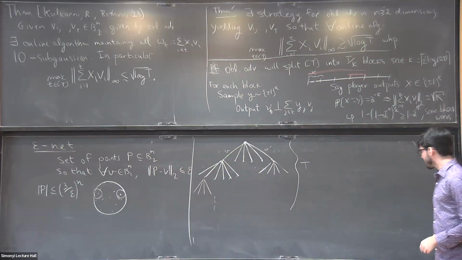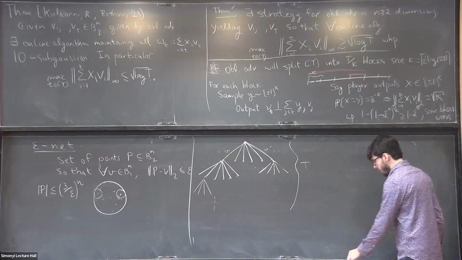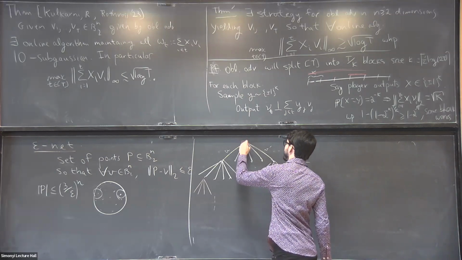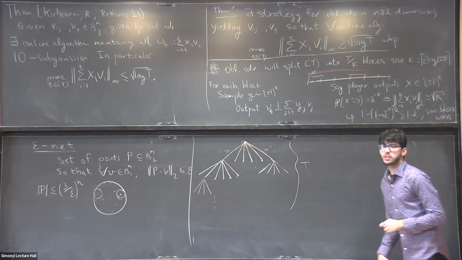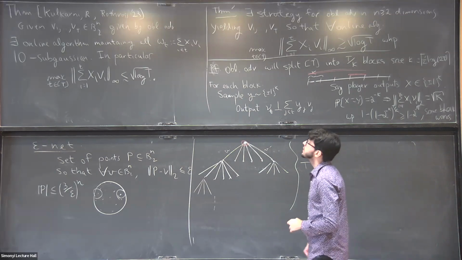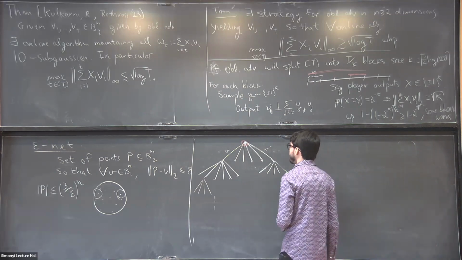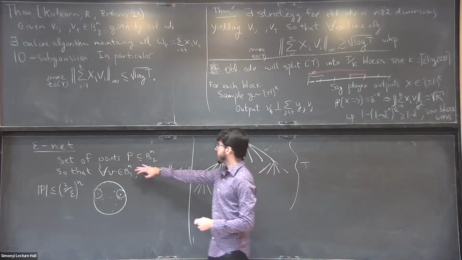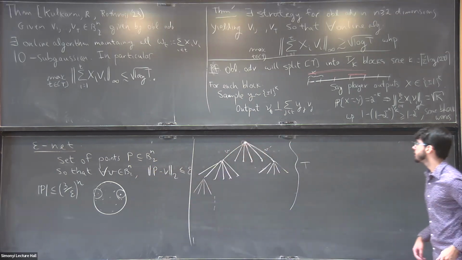Okay, so here's the point of the algorithm. The player will start at the root. Whenever a player sees a vector v, it will ask, okay, what is a point in my epsilon net that is close to v?